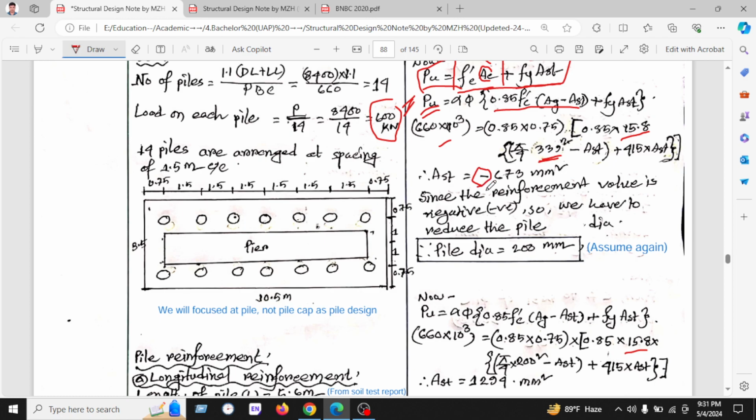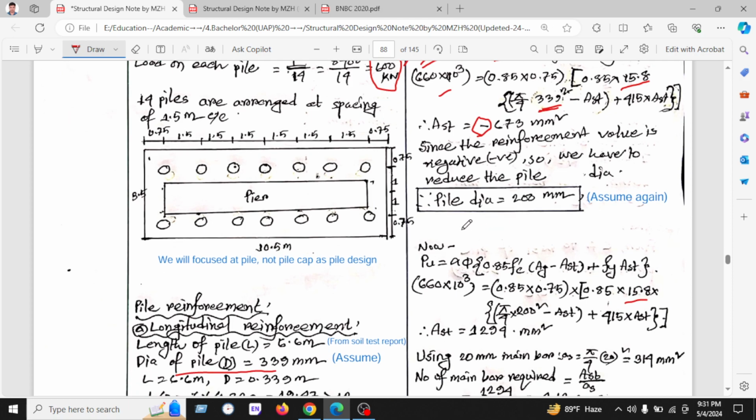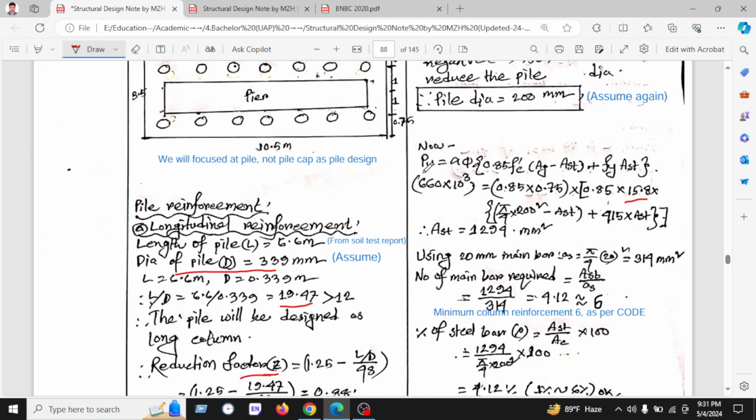That means, since it is a negative value, we have to reduce the pile dia. We have already assumed too large a dia of pile. That's why we will reduce the pile dia. So we again assume the dia of pile as 200 millimeter, and put this value in this equation.